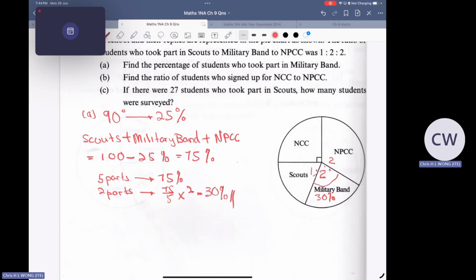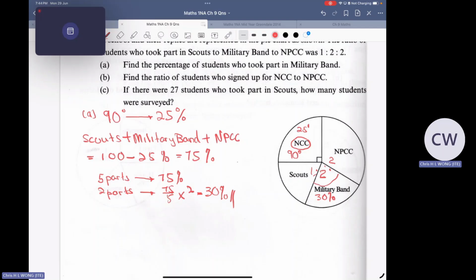Second question. Find the ratio of the student who sign up for NCC to NPCC. If you look at NCC, the value given for NCC is 90 degree, which is also 25%. I can use either one.